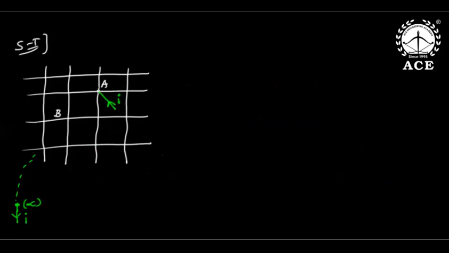Now I can say the path resistance from A to infinity in all paths is equal, because infinity plus 100 is infinity, infinity plus 1000 is infinity, infinity minus 20 is infinity, infinity plus 1 is infinity, infinity plus 5 is infinity, like that.